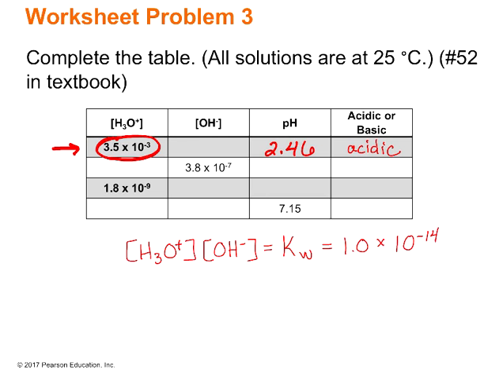So we were told that if we multiply the concentrations of each type of ion together, that it should always equal 1 times 10 to the negative 14th. So what we can do is rearrange this equation to solve for the concentration of hydroxide ions.